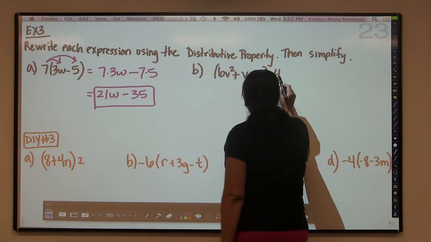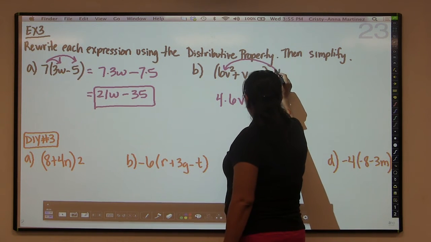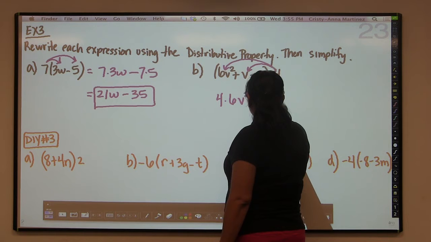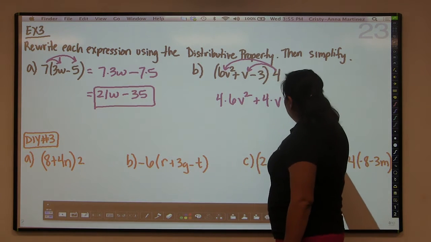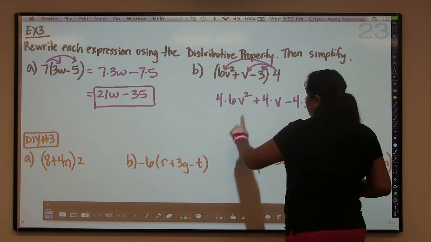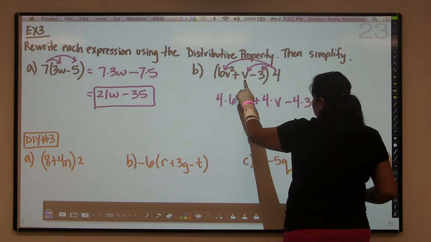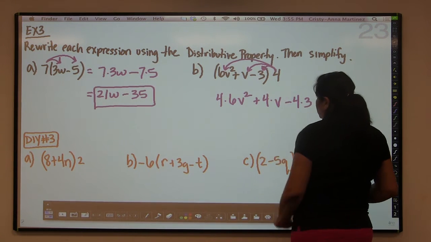In this case, we've got 4 times 6v squared, this is a plus, and then 4 times v, this is a minus, and then 4 times the 3.